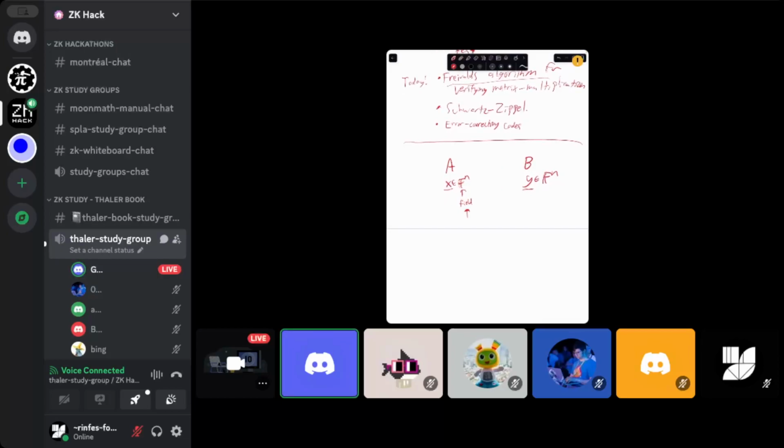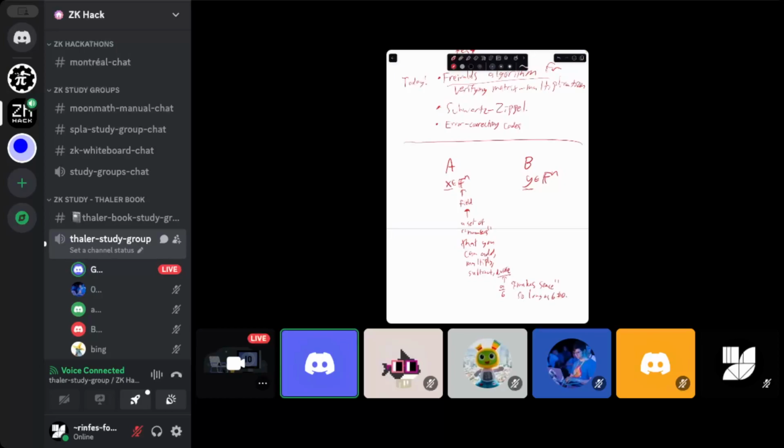A field is a set of, you can think of them as numbers, but it's a set where you can take any two elements and add them together, multiply them together, subtract them and divide them. Of course, you can't divide by 0, but for any two field elements, A over B is defined so long as B is not 0.